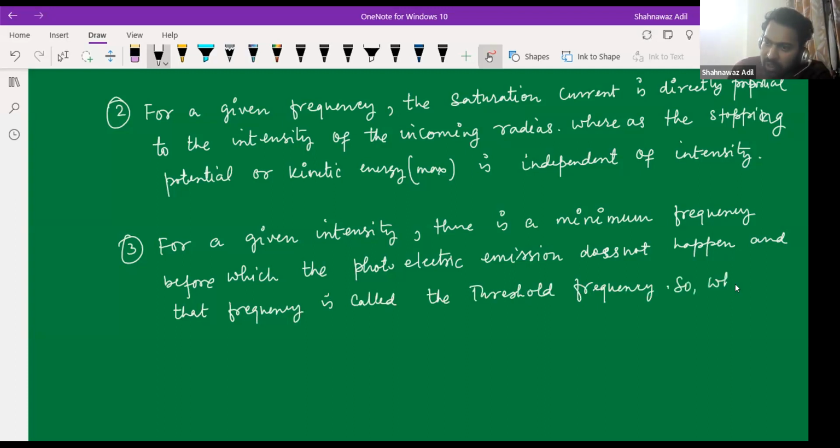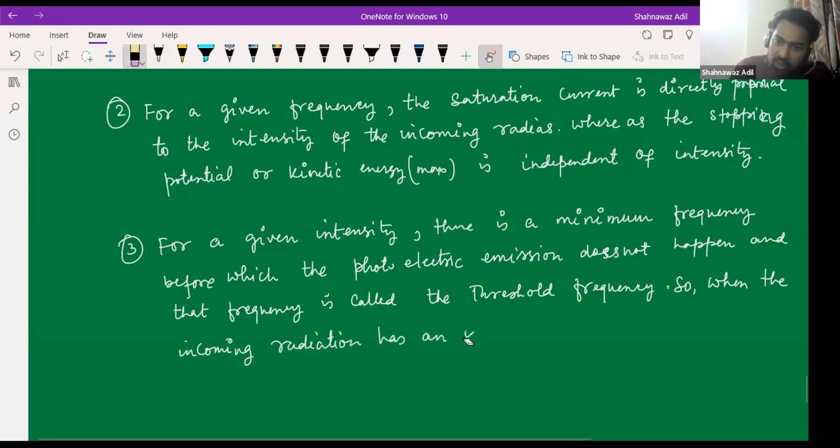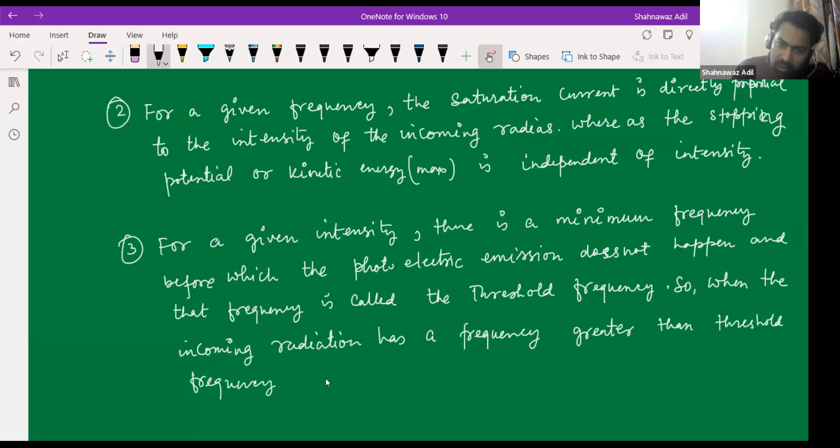So when the incoming radiation has a frequency greater than the threshold frequency, then photoelectric emission happens.